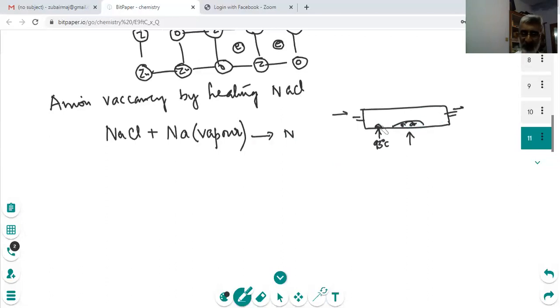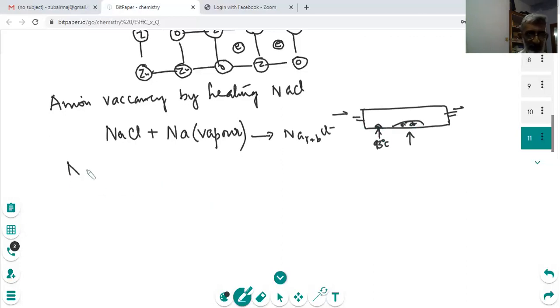What happens is some of the sodium metal will go into the crystals of this sodium chloride and will form Na+ Cl-. So what has actually happened is sodium metal has gone into the lattice.